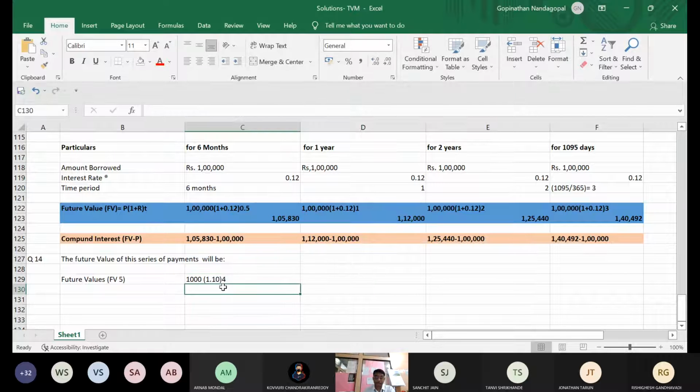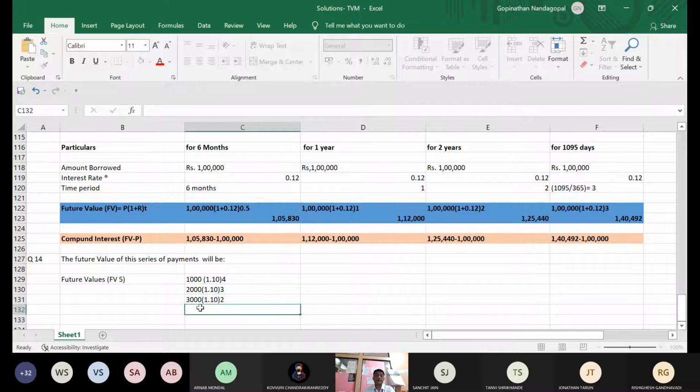Then next one, 2000 times 1.10 power of 3 at the end of second year. Then 3000 times 1.10 power of 2, third year.